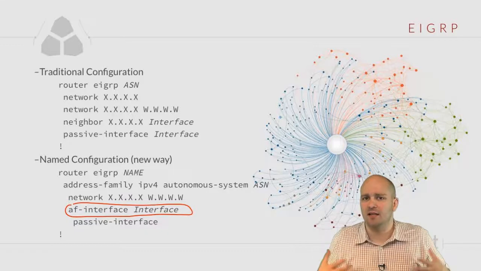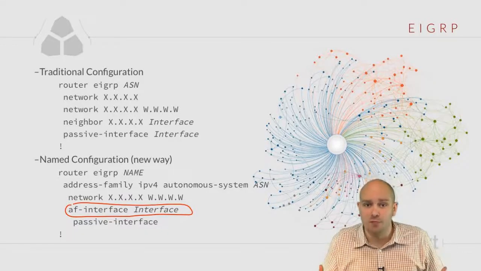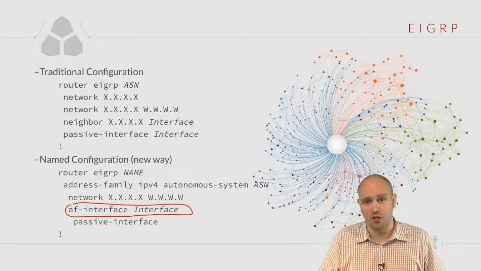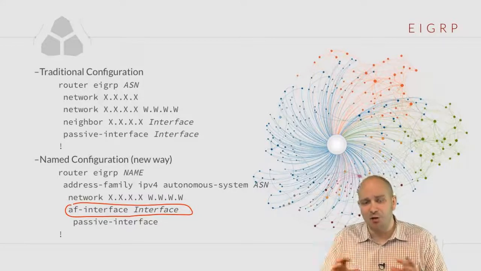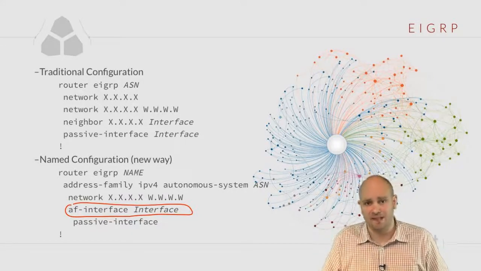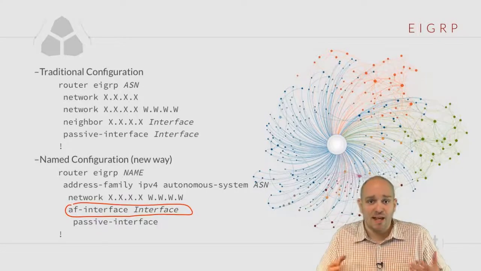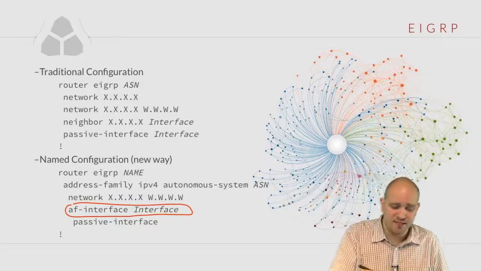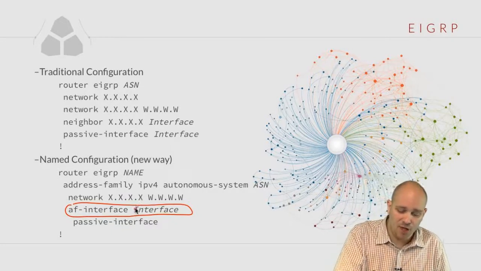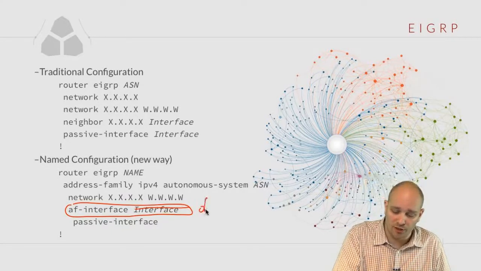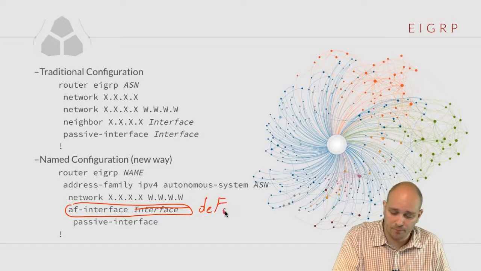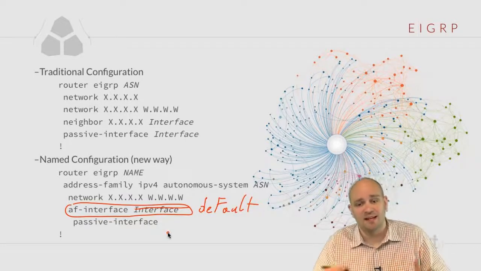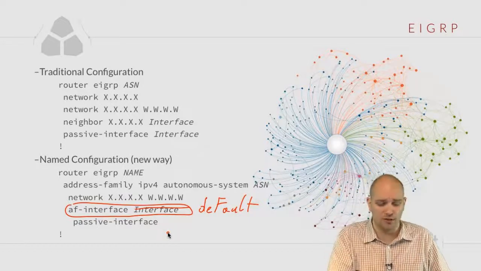Things like the hello interval, the authentication modes, and so on, that would be scattered all over the configuration, now can be grouped under this af-interface subsection. If we want something to apply to all the interfaces, instead of specifying the interface name here, we would simply use the word default. So if we specify default as the interface name, then this configuration applies to all the interfaces.